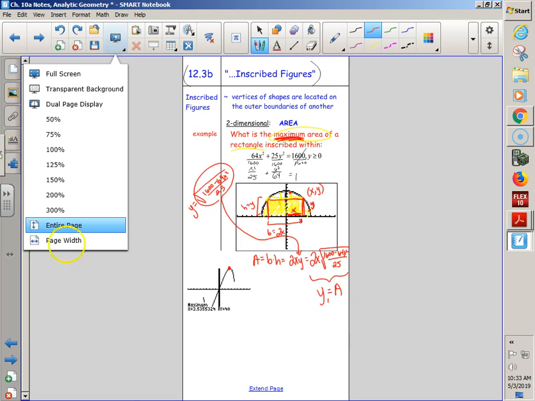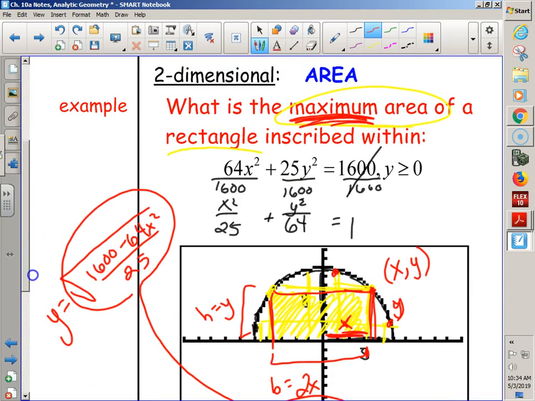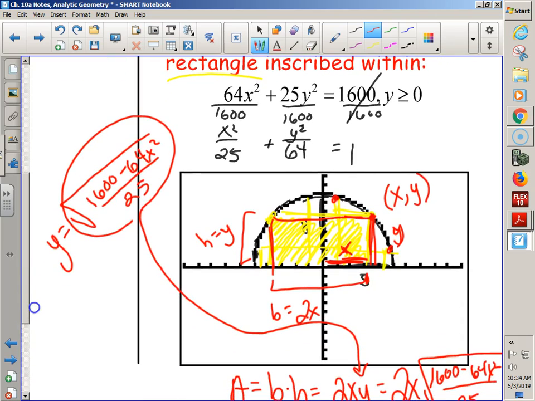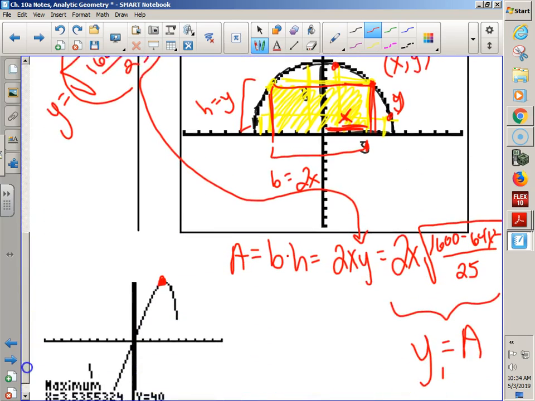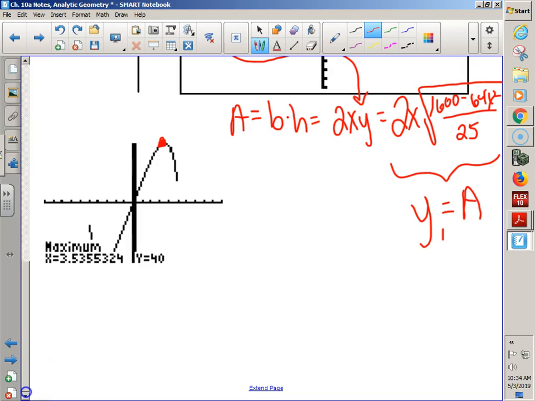Maximums. And so how do you solve these problems? You have to take your conic, you have to get y by itself, and figure out how x's and y's go into whatever equation they're saying, usually area. And then say, ha-ha, that's all the different areas of all the different rectangles hitting at all the different x's. I just need to find the max, which my calculator can do for me.